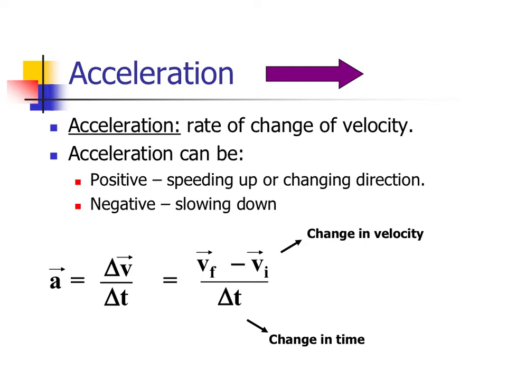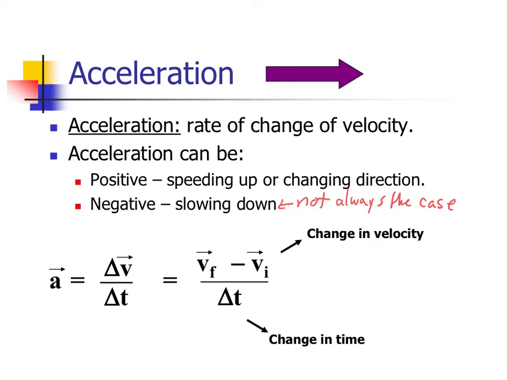It is a scalar quantity. That's why we see this nice purple arrow there. Not a scalar quantity, vector quantity, I'm sorry. It can be positive and it can also be negative. However, a lot of times we think that negative is slowing down, but that's not always the case. A lot of times it is, but not always.